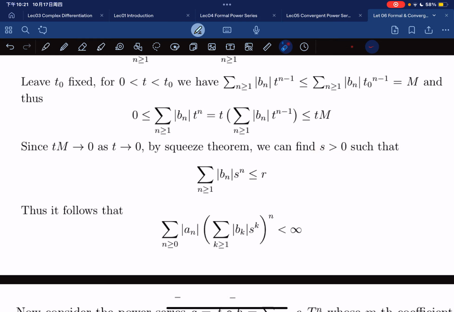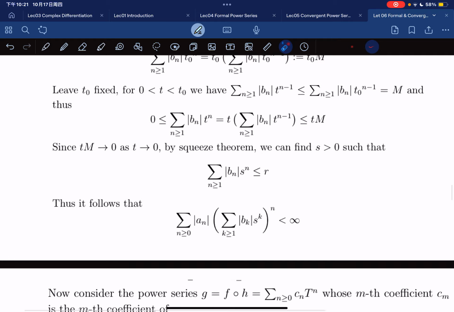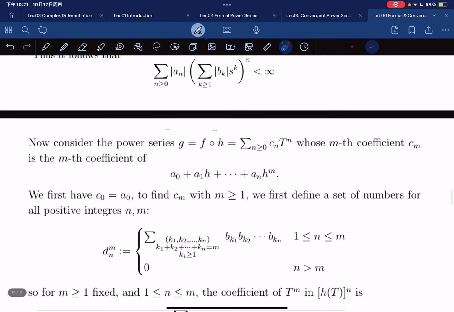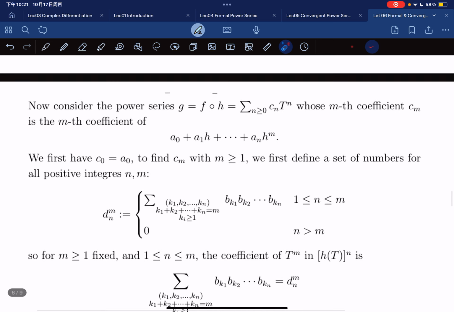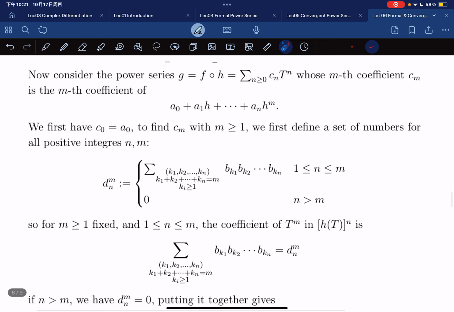And now we want to prove the equality, and the equality is kind of brute force. So we consider the composition power series, whose nth coefficient is the nth coefficient of this. Now, we want to find an explicit formula for Cm, so we define a set of numbers for all positive integers n, m, such that we define dnm.